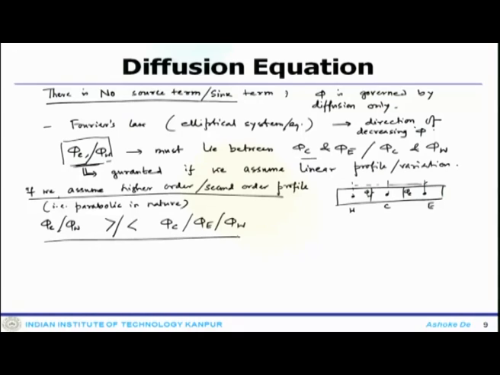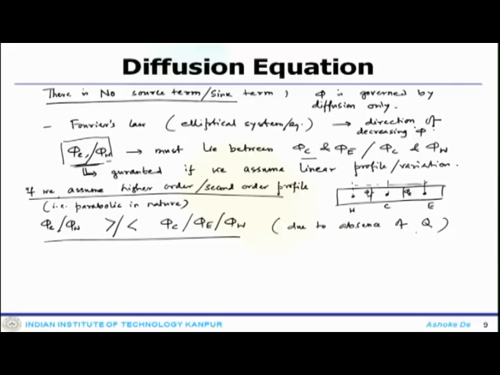So, the higher order assumption can lead to a situation where the surface variable can overshoot or undershoot the centroid variables, and this can happen due to the absence of a source term or sink term.